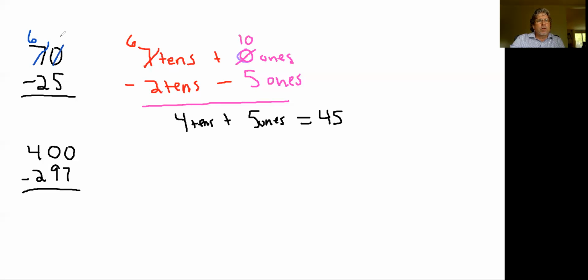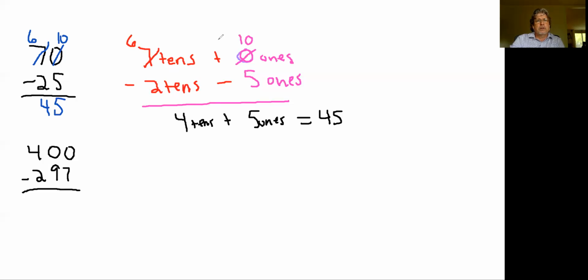So instead of having 0 ones, that now turns into 10 ones, because 1 ten is the same thing as 10 ones. And again, I can do the math. 10 ones take away 5 ones is going to be 5 ones. And 6 tens take away 2 tens is going to be 4 tens. In other words, the answer would be 45.